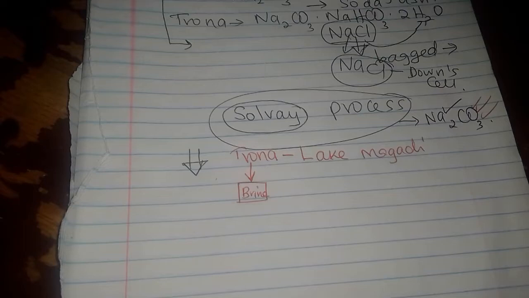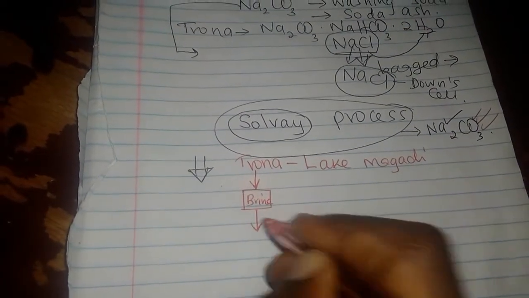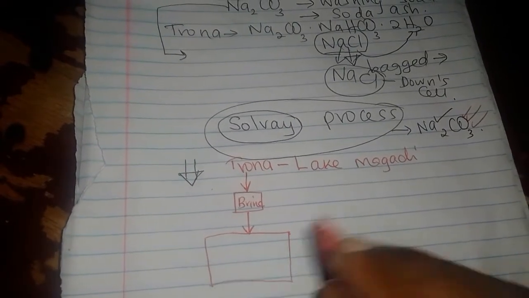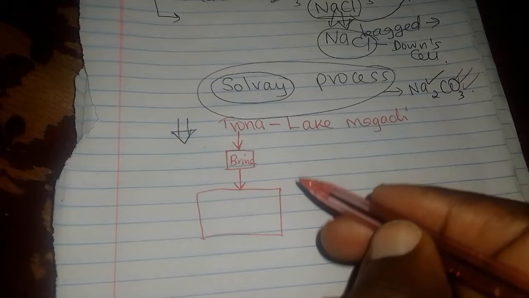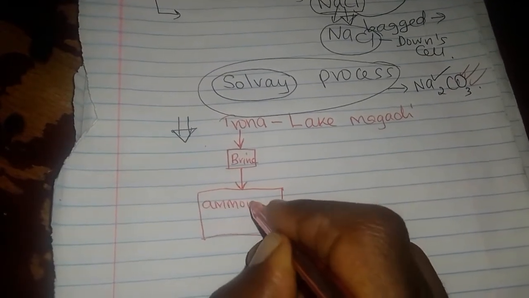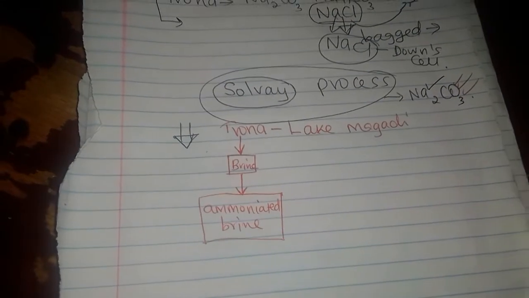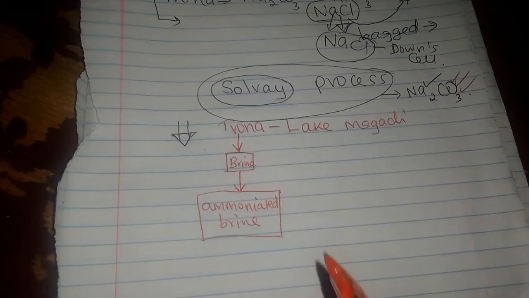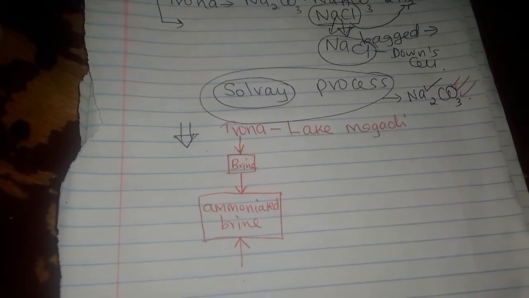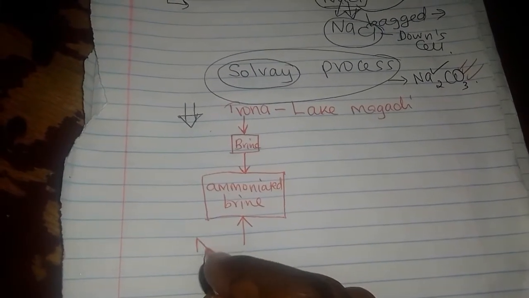Good. And when the trona is here, it can descend to something else here, and in this case we can have ammoniated brine. We can have something else introduced into this same chamber, and this is ammonia.